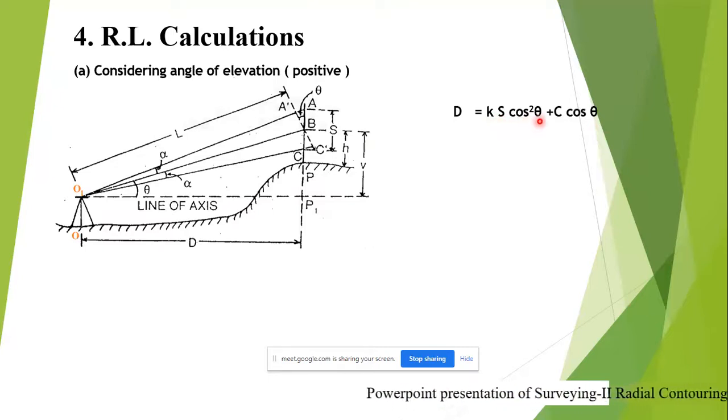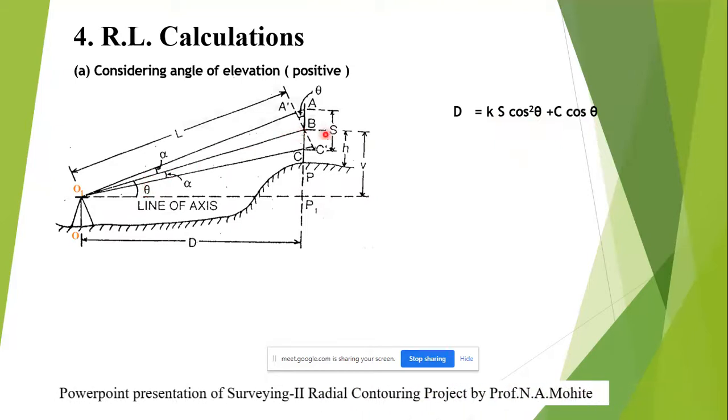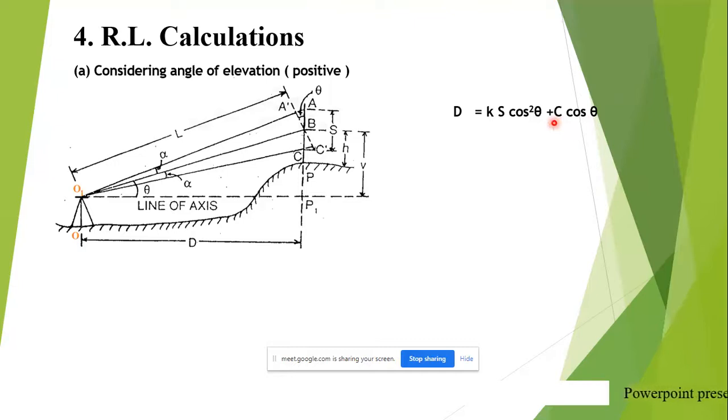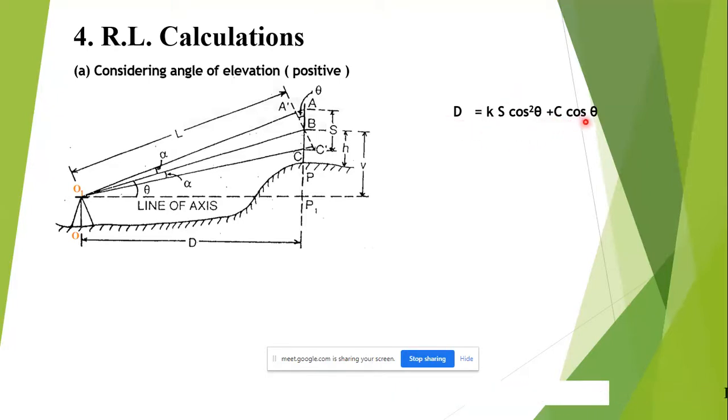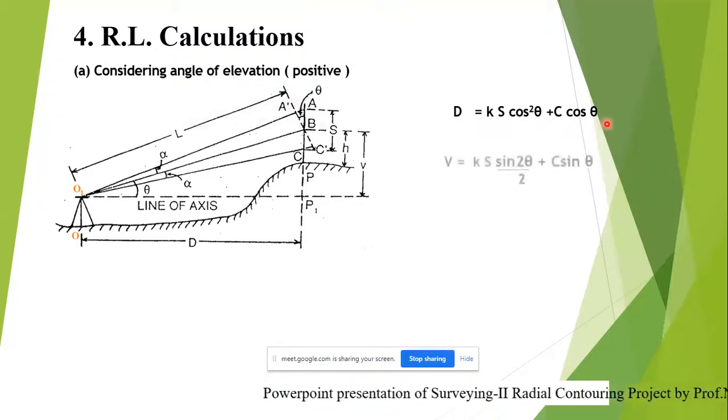Theta is the angle made with respect to the center crosshair or axial reading, and c is the additive constant, which is also called f + d. Using this formula we calculate the horizontal distance between the instrument and the staff station.